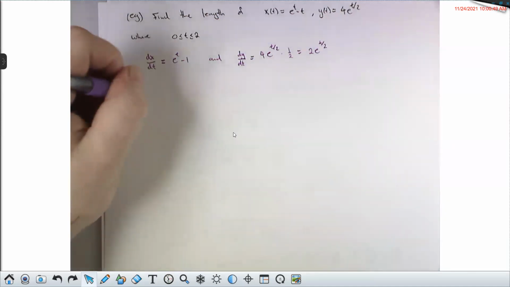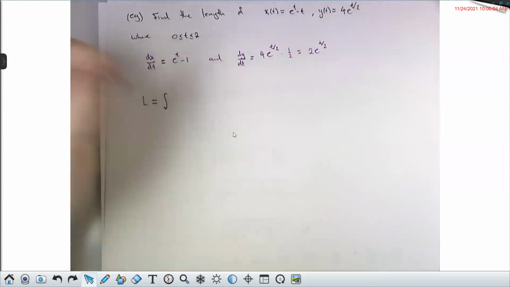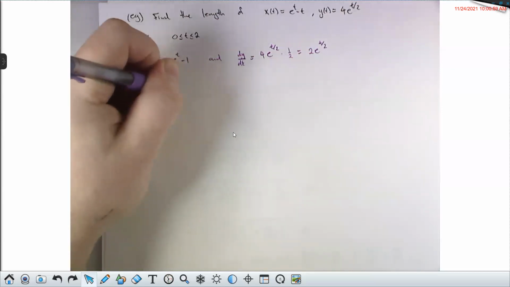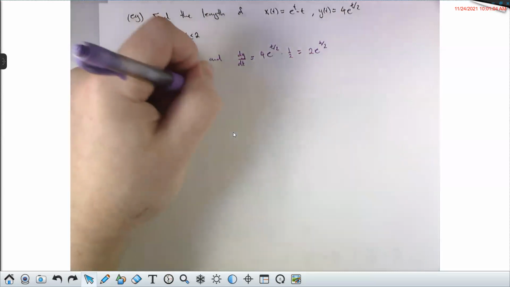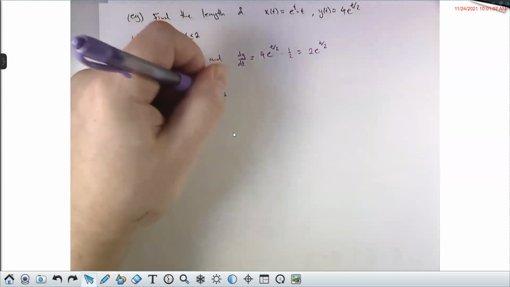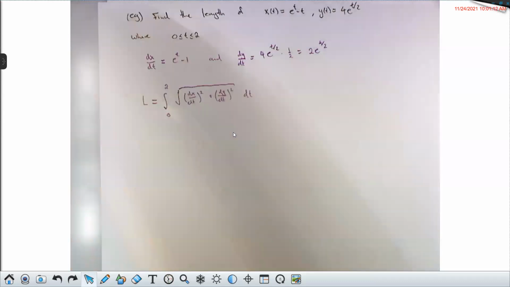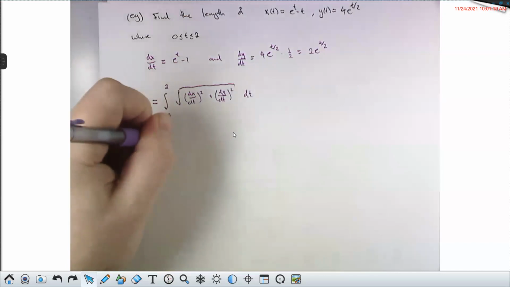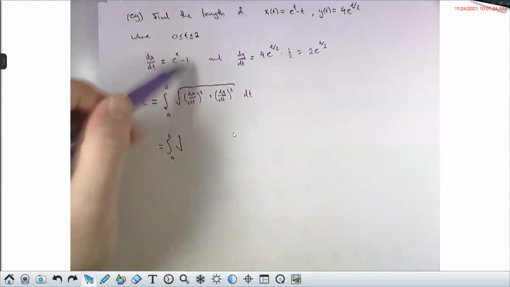And then your integral, I'll just write it out this time instead of writing out ds. That is the integral from 0 to 2 of the square root of (dx/dt) squared plus (dy/dt) squared dt, which is the integral from 0 to 2 of the square root of this thing squared.